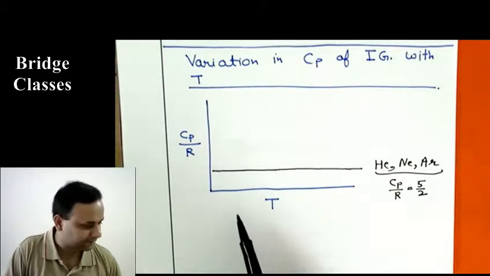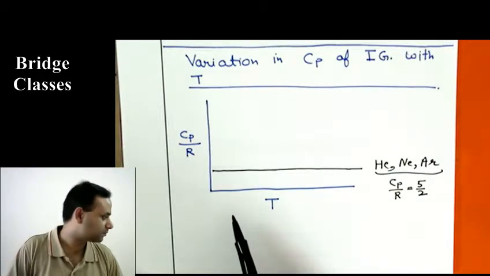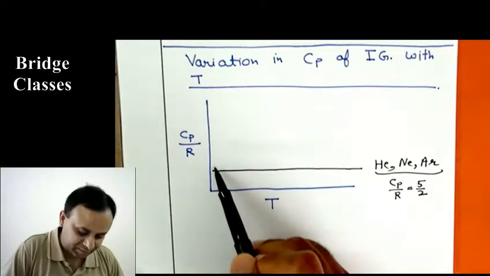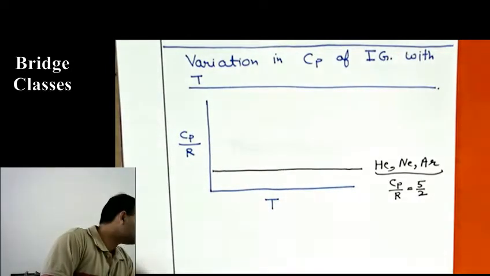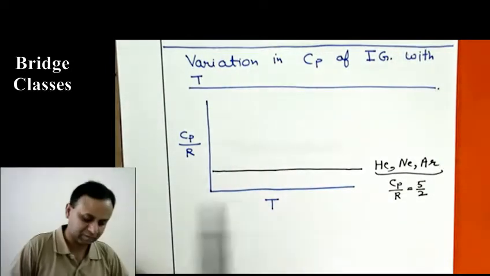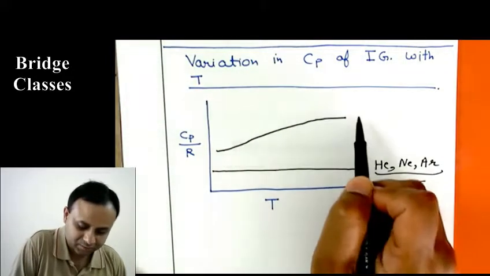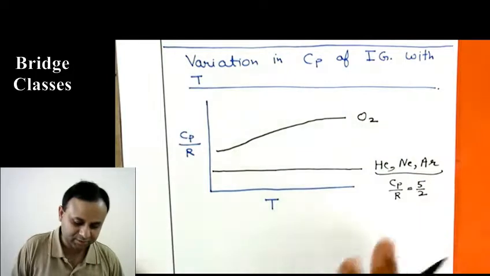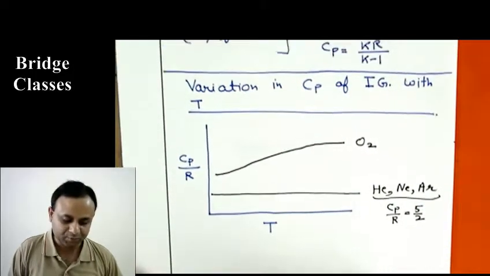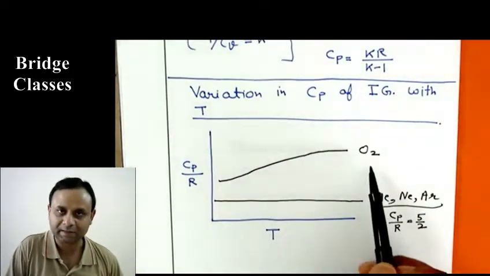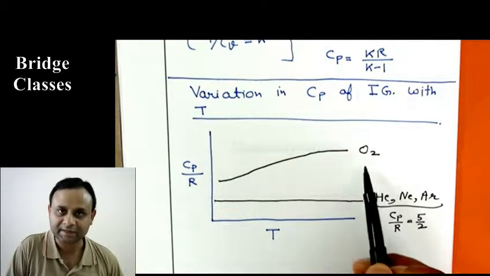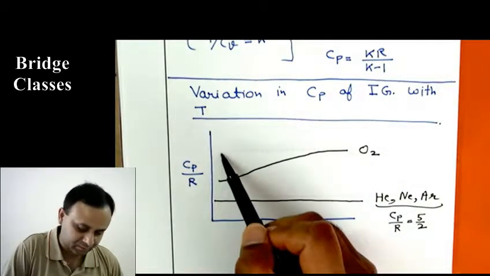For other gases, take diatomic gases like oxygen, it increases with temperature. So you have behavior like this. It increases with temperature. If you have further complex molecule like CO2, which is triatomic, then its value is even higher.